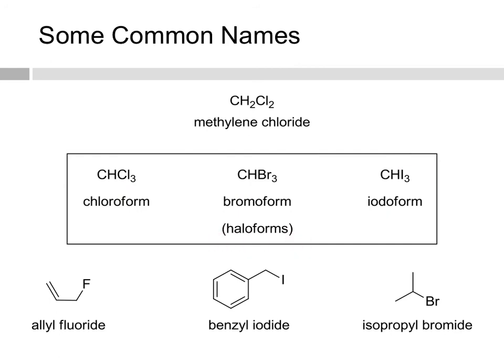You can also have alkyl halides that are named by the alkyl group, and instead of using the IUPAC name of this alkyl group, sometimes you'll see people refer to it as allyl fluoride, or benzyl iodide, or isopropyl bromide. These are just examples of how people use common names and combine it with a halide.